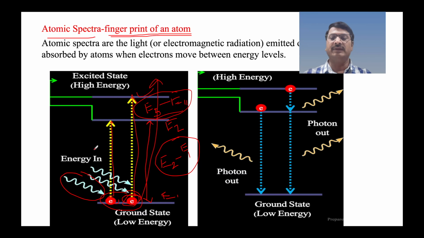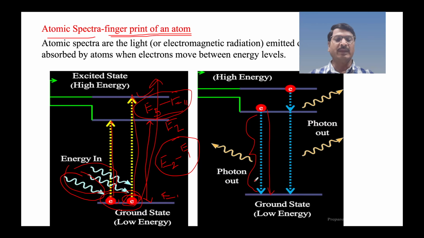And after that, when you stop giving this energy, the excited electron will come back, and when it is coming back, the amount of energy equal to the energy difference will be released. For example, if it is E2 minus E1, that amount of energy will be released. According to that, a certain wavelength light is released, and this light falls onto the photographic plate and we get the spectra.